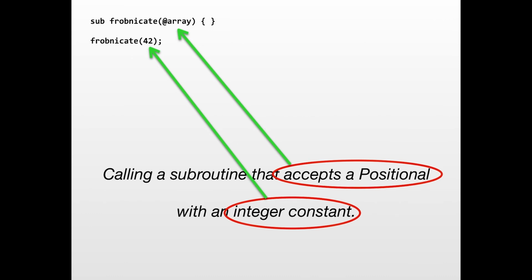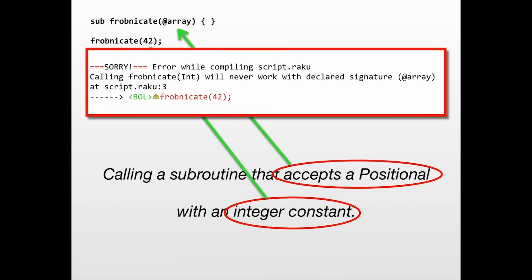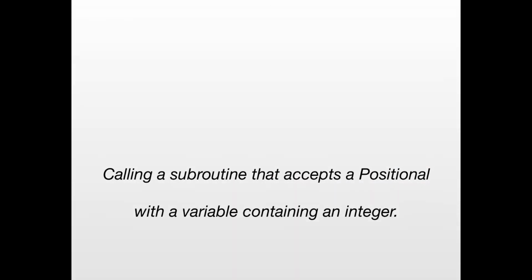No, it does not work in Raku. It would be a compile error, because the compiler can actually determine that the constant int will never match the array. So you actually get a compile time error, which can be very useful in a programming language, but the fact that it comes at compile time saves you a lot of time. But sometimes the compiler cannot do that check.